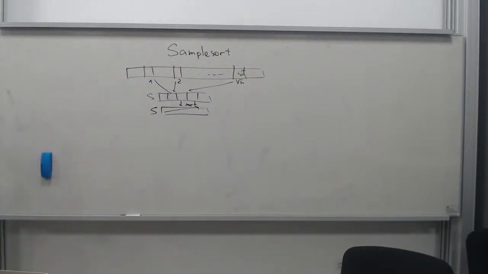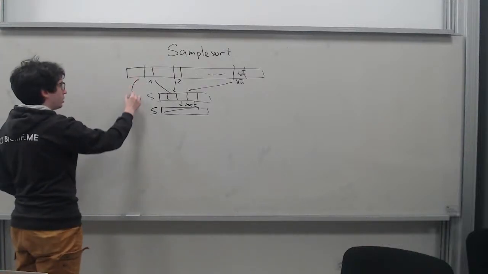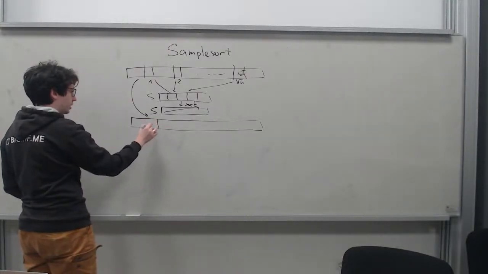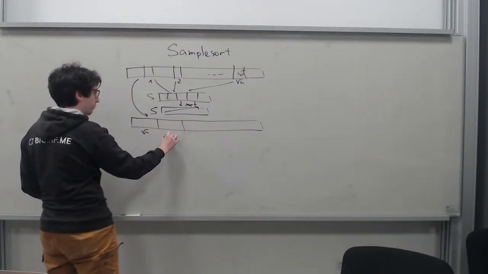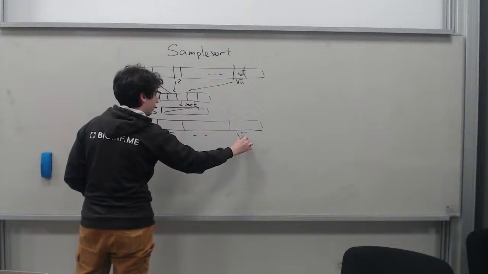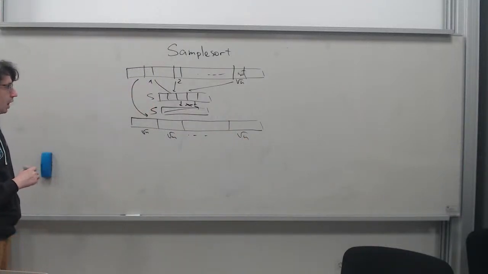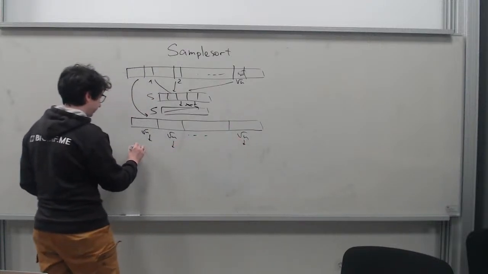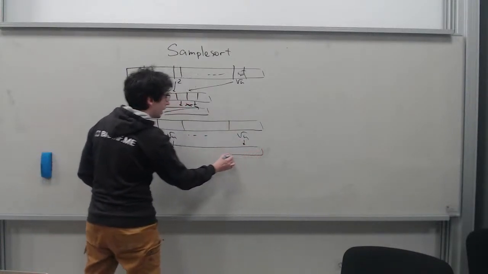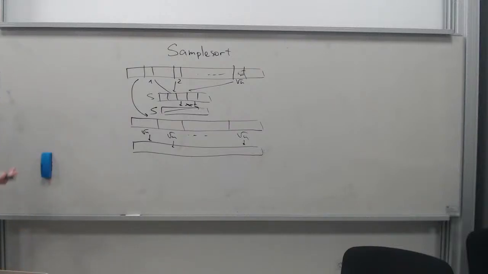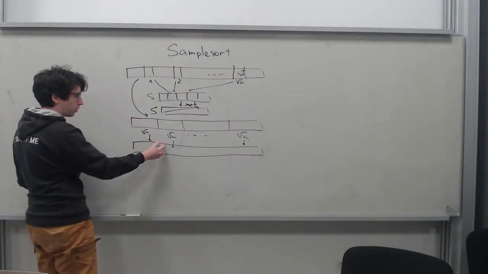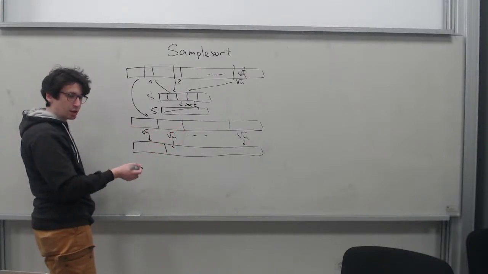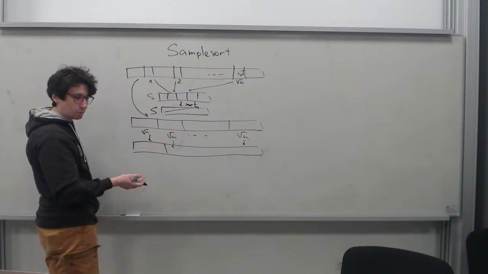Then we will split this array into square root of n parts also. So this is square root of n, this is square root of n, and so on. And we sort each of the small parts here. That is why it is n log squared: if you sort all the parts, like in square root of n log n time multiplied by square root of n, you will get worse complexity here.